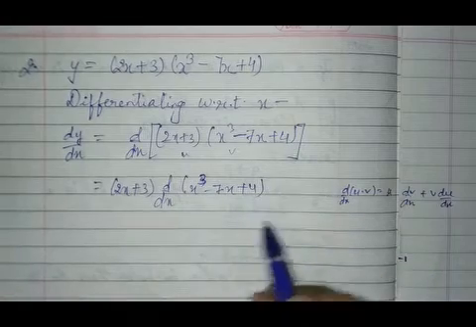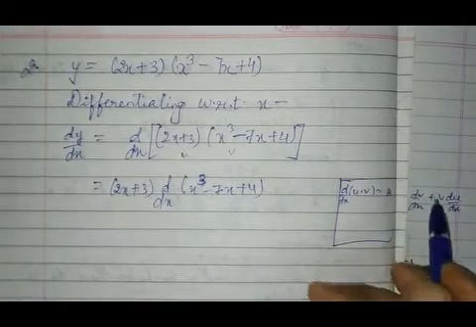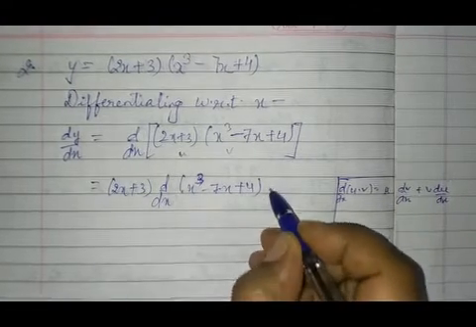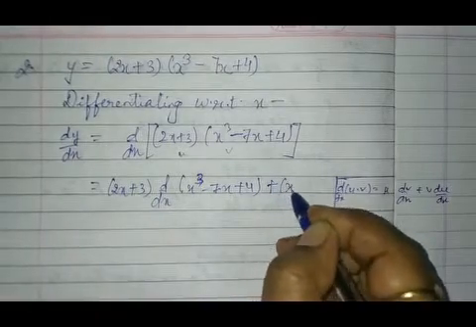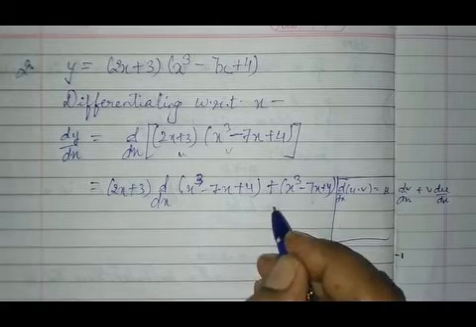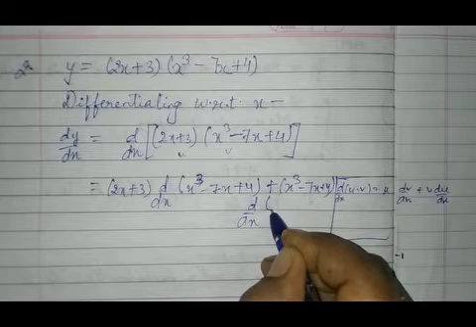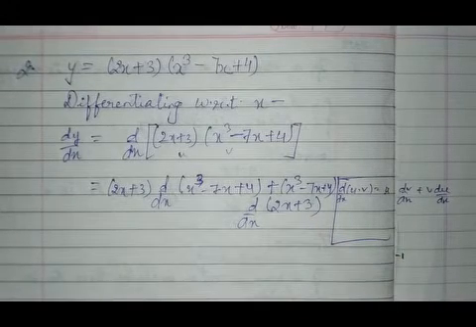Then we have to write plus v. What is v? This is v, x³ − 7x + 4, into d/dx of u, where u is 2x + 3. Clear?